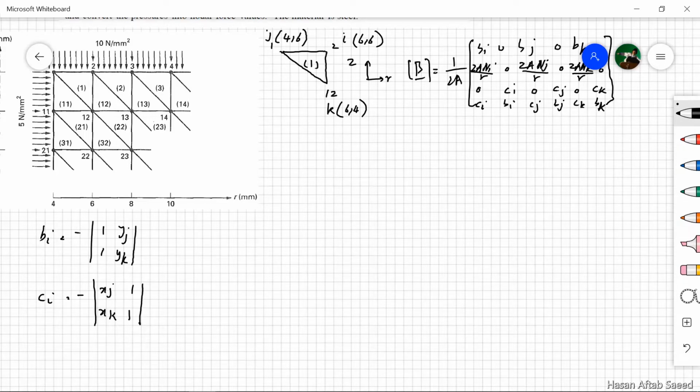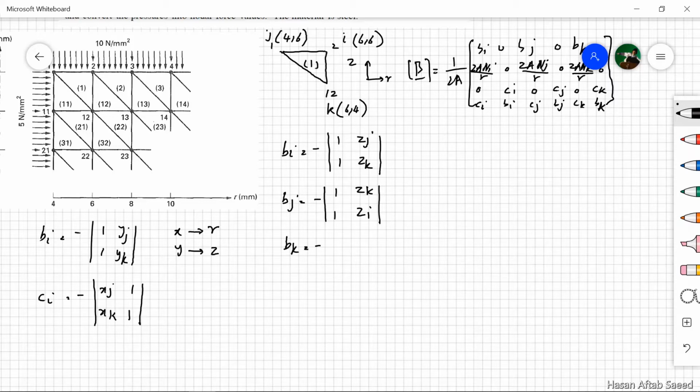The only thing we have changed from plane stress plane strain to axisymmetric is that X has become R and Y has become Z. That is all. So if that adjustment is done, then Bi will be nothing but 1 1, Zj Zk, and Bj is 1 1, Zk Zi. Ijk must be in sequence.